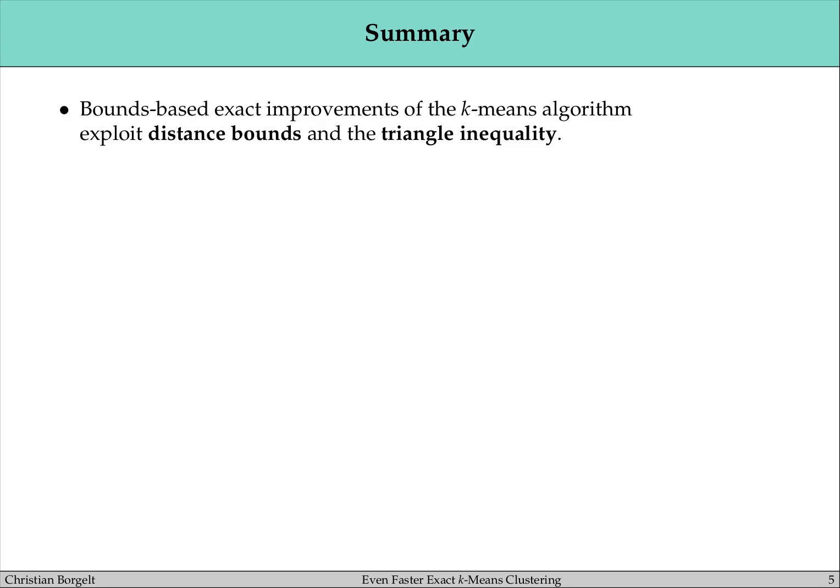Let me summarize. Improved exact algorithms, that is, algorithms that guarantee the same results as a naive implementation, rely on distance bounds that are updated with the help of the triangle inequality. Bounds-based exact algorithms differ mainly in 3 elements.